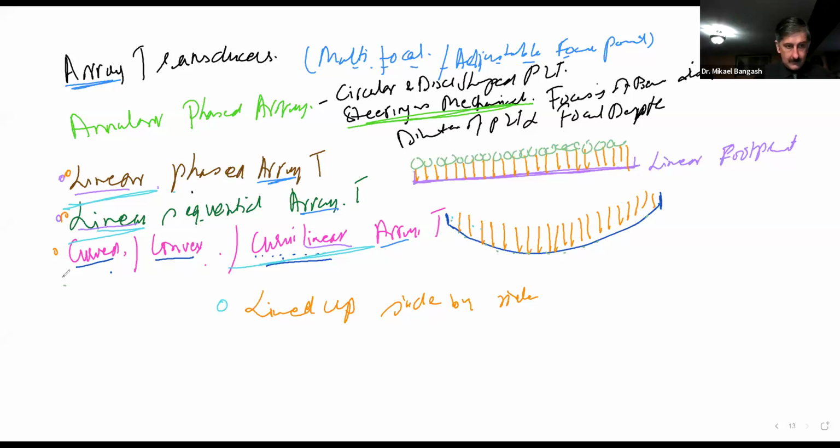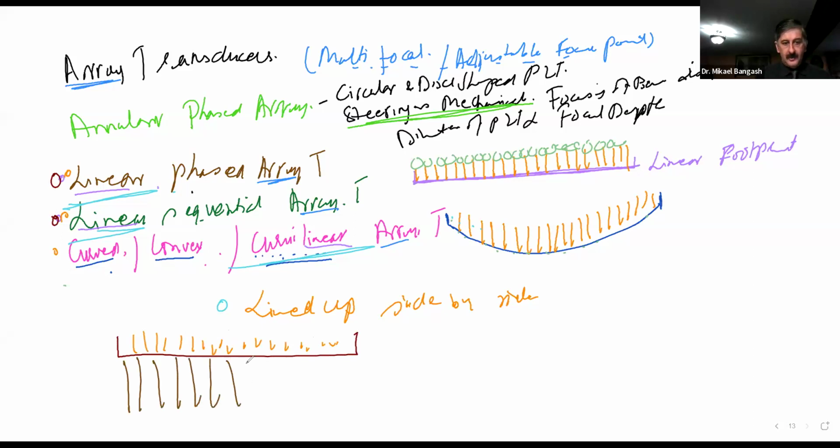So if this, for instance, was our transducer here, it could have been this or this here, for instance, which would be this. And these were our, sorry, PCTs. When they fire, they would just have been firing straight ahead.